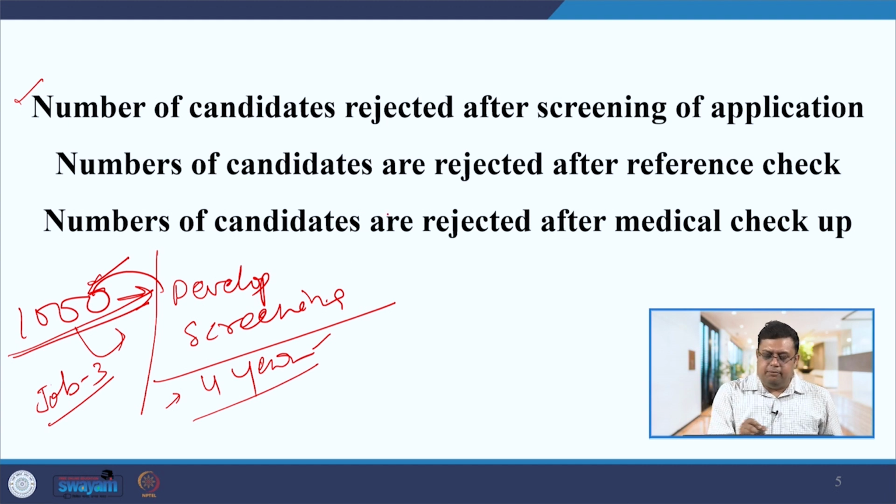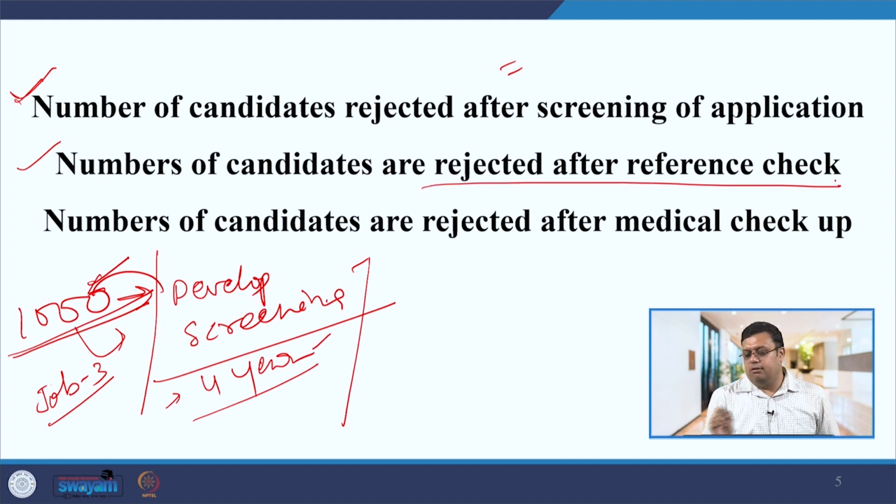So that number you should know: this was the screening criteria and these many people were eligible for this job.